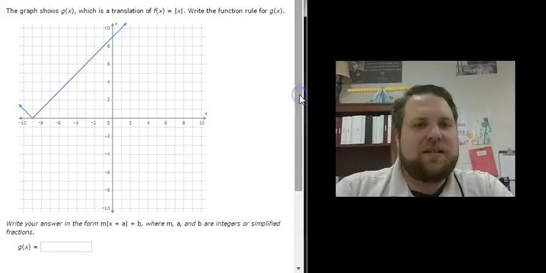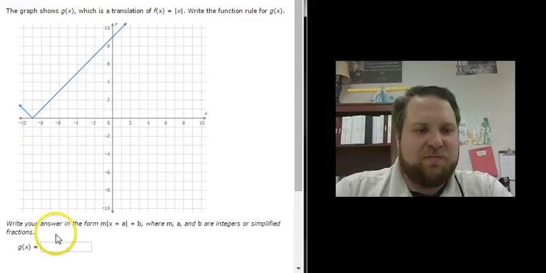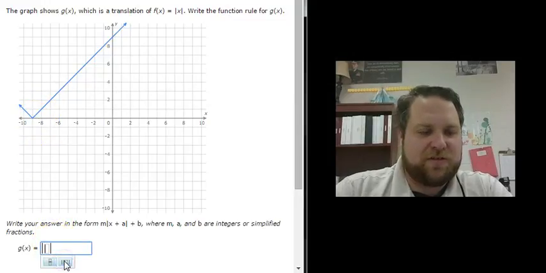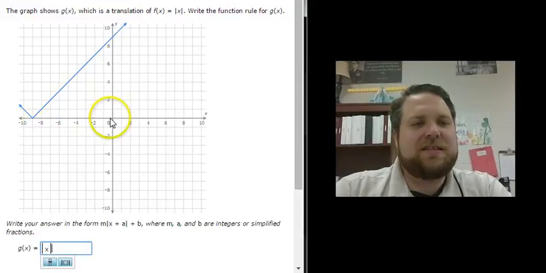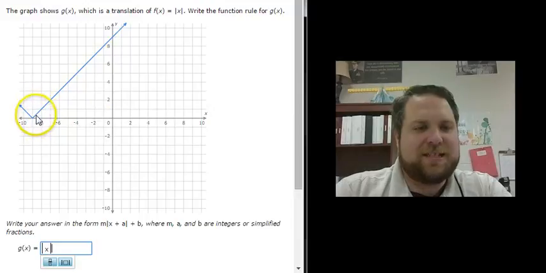Now we see one that has been shifted horizontally to the left or to the right. Again, it has a slope of 1, so we start with our parent function, the absolute value of x, and this time we can see it's been shifted to the left by 9 spaces. Now remember, when shifting horizontally to the left and to the right, it's sort of backwards of what we would naturally think.